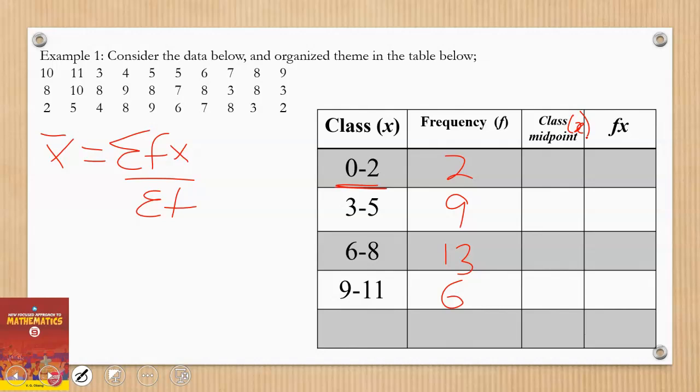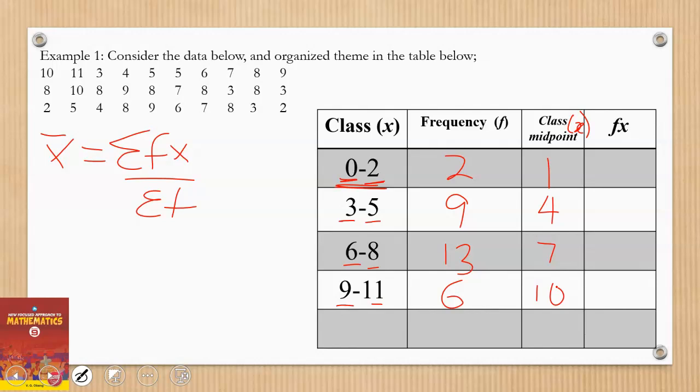So what we do is add the upper limit and the lower limit and divide by 2. If I add 0 plus 2, I'll get 2. 2 divided by 2 will give me 1. If I add this and this, that will give me 8, divided by 2 will give me 4. If I add this and this, I have 14, divided by 2 will give me 7. If I add this and this, I get 20, divided by 2 will give me 10. And so these are my x values.